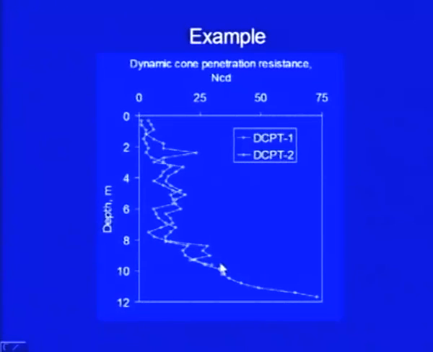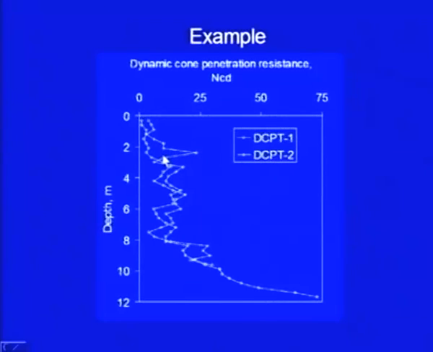In both the tests, the values have almost similar pattern, but this value is excessively large at this particular depth. So, it is required to be treated carefully. We should not take it for granted that it is because of a dense stratum, a competent stratum.